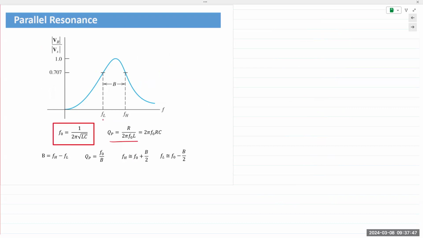And then QP is simply the reciprocal of QS, okay, in terms of the components. It's still the ratio of the resonant frequency F0 to the bandwidth, but in terms of the components, it's still the same.